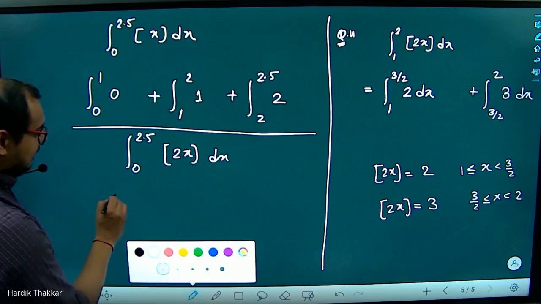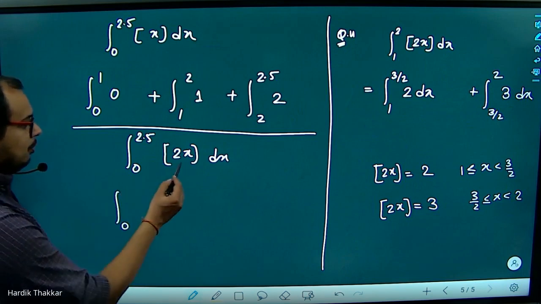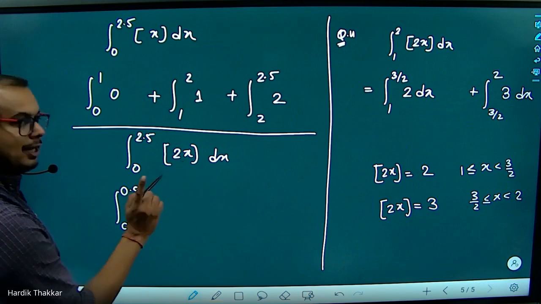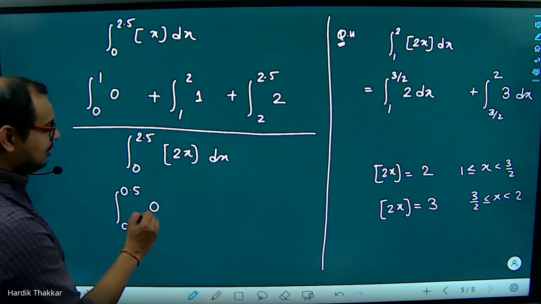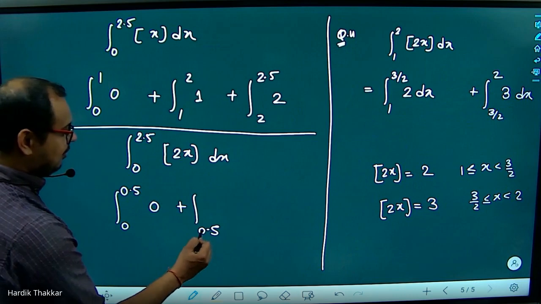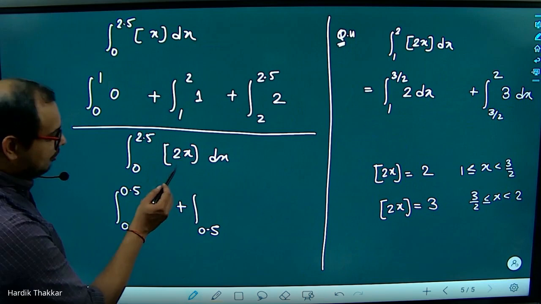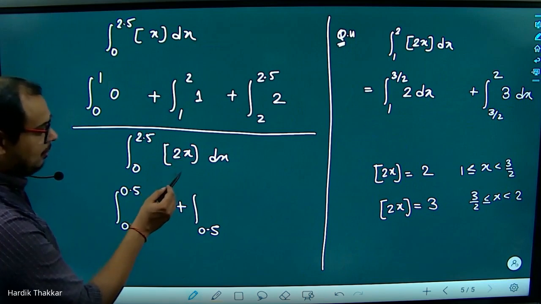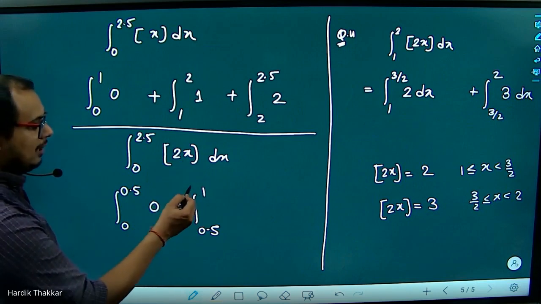The first interval starts from 0 and goes up to 0.5, because 2 into 0.5 gives 1. So from 0 to 0.5 we get 0 here. The next interval starts from 0.5. If you put 0.5 you get 1, and the next value will be 2, so from 0.5 to 1 you get the value 1.